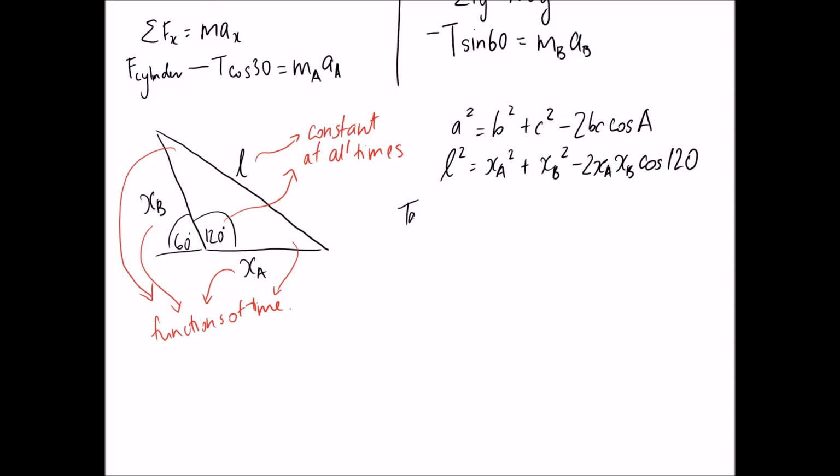So I'm going to take derivatives with respect to time. First derivative, we know that L is constant at all times. So when we take the derivative of that, it's going to be 0.